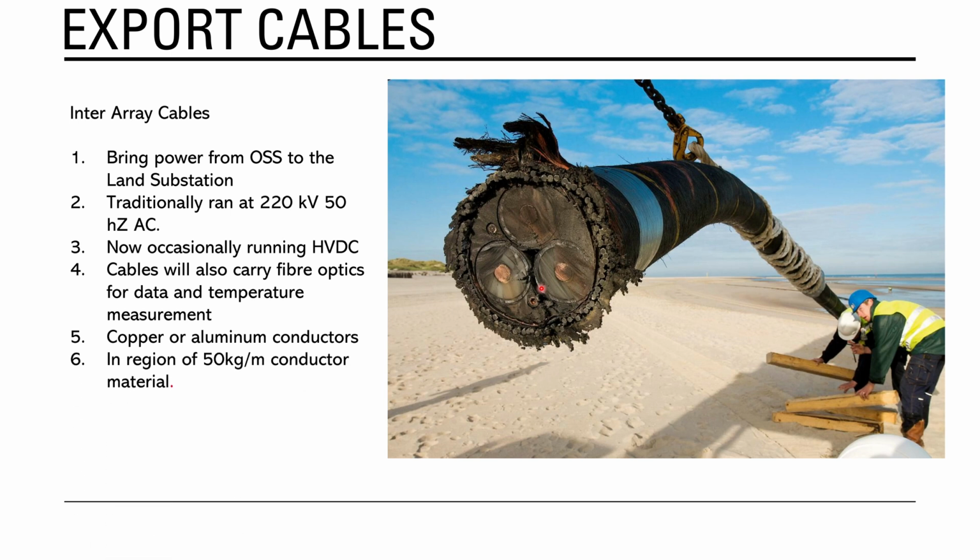The weight per meter of the conductor is between about 20 and 50 kilograms per meter per conductor. So these things are pretty chunky. And of course, if you use aluminium, as I said before, you need more by weight, not just by volume. But it's still generally cheaper. As I say, almost always a minimum of 2 export cables.